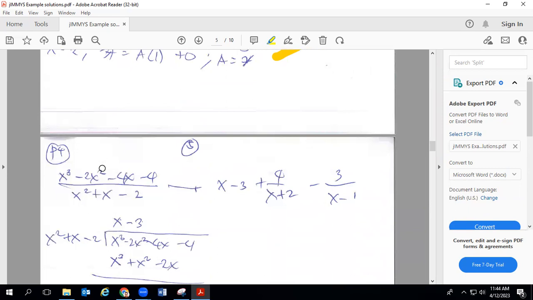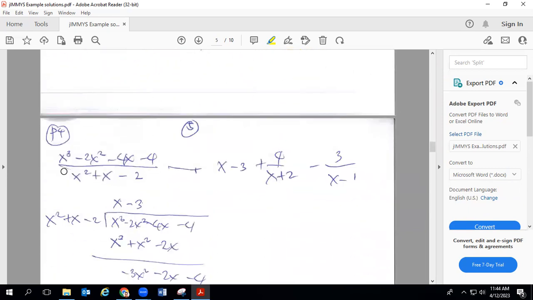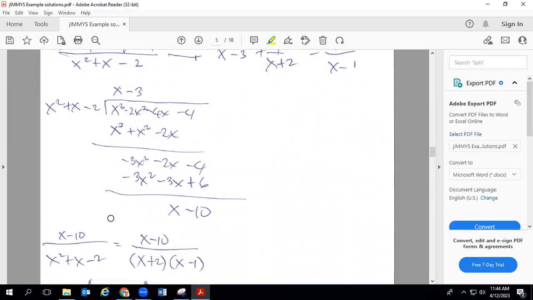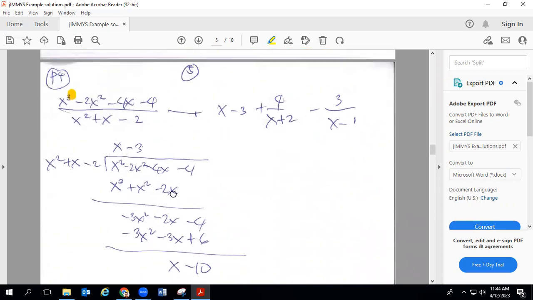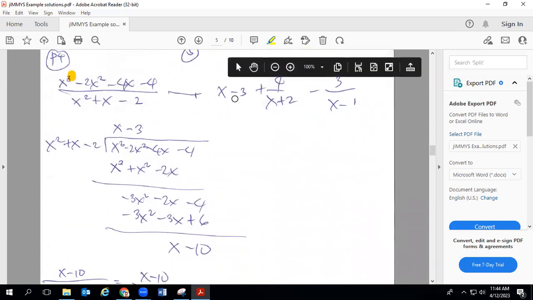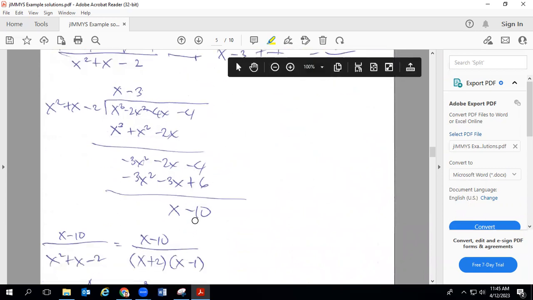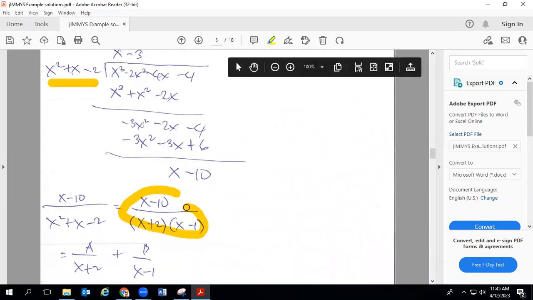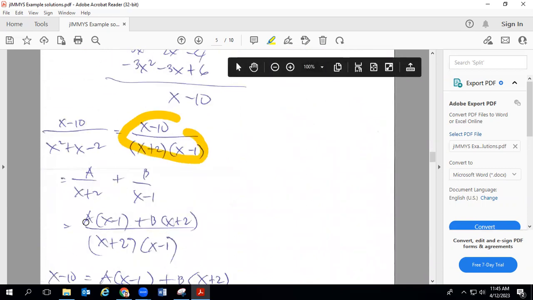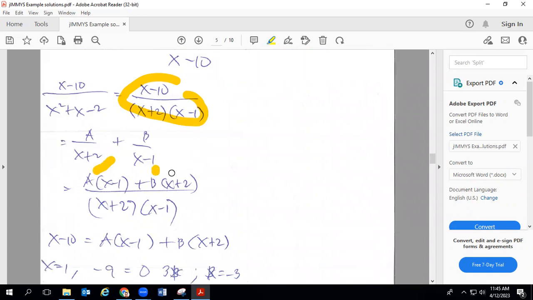This is again similar to the previous one. This one is bigger in degree. This is 3, this is 2. So obviously you can have long division first. So you can come up with x minus 3, and then the remainder is 6 minus 1 minus x minus 10 over this one. And then this one is again a partial fraction, which you can compute for A and B.